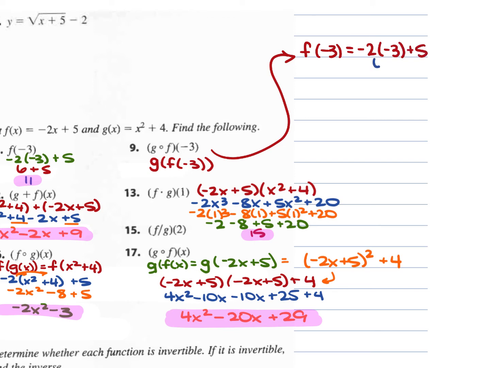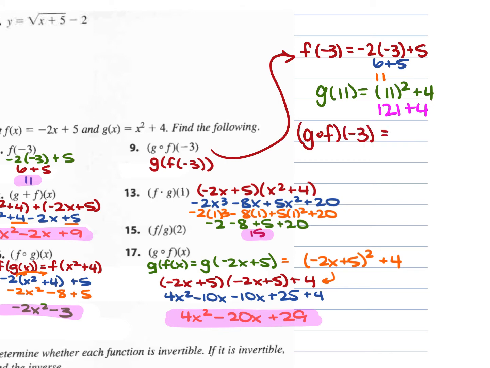From there, this gives us 6 plus 5, which is 11. So really, we're doing g of 11 in order to find our answer. So we're going to plug 11 in and do 11 squared plus 4. The 11 squared is 121, plus 4 gives us g of f of negative 3 is equal to 125.